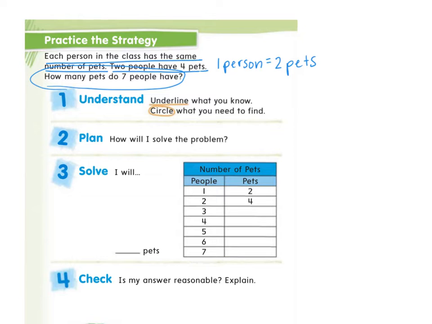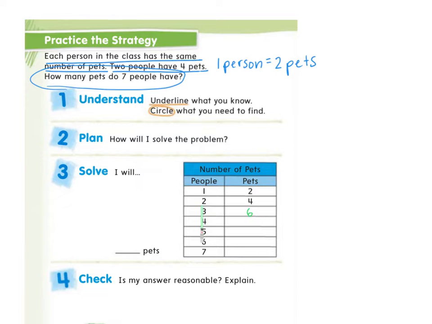How many pets do 3 people have? They're going to have 6. How do you think I figured that out? How do you think I discovered that 3 people have 6 pets? Think about it for a second. Well, I know that if I'm adding one more person, so it was 1 person, 2 pets.